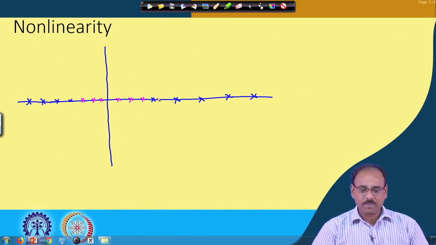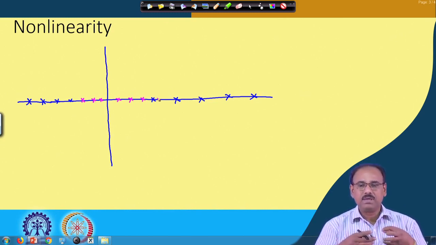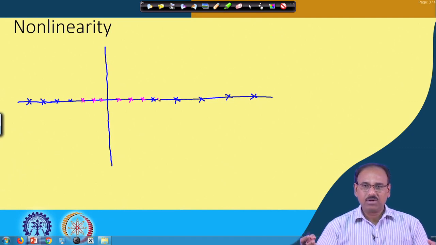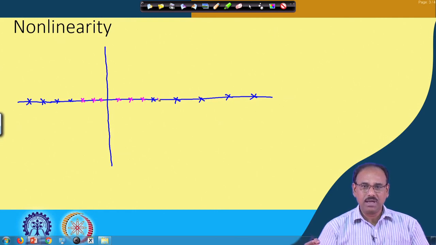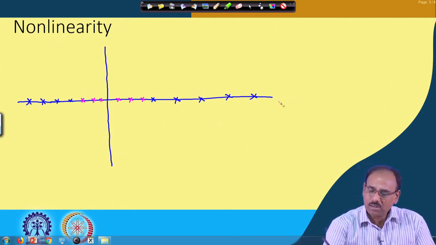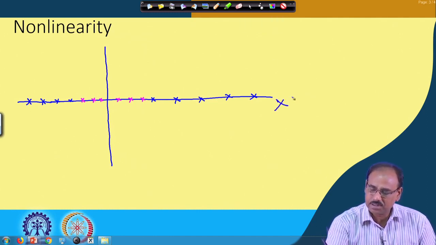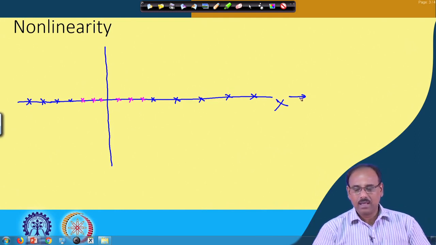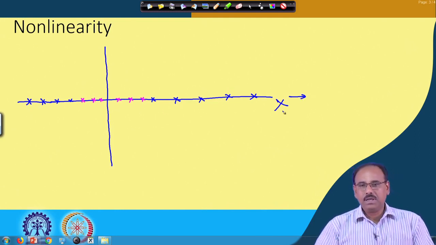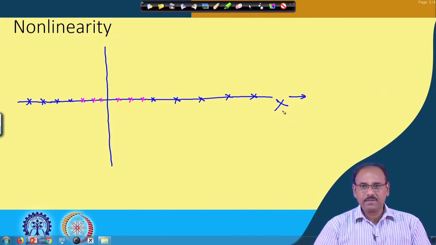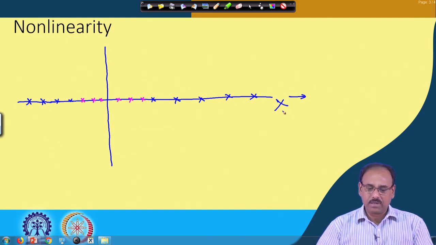Given this, you find that all the samples marked in pink are sandwiched between the samples marked in blue. In such a case, I cannot separate the samples belonging to these 2 classes using a single point on the line x. This is the feature direction. I cannot have a single point on this feature line x which separates the samples belonging to class omega 1 and class omega 2.